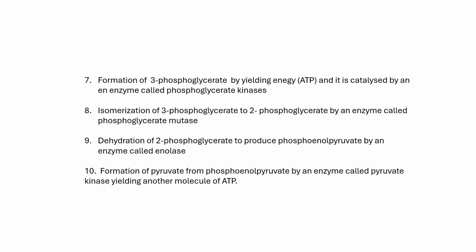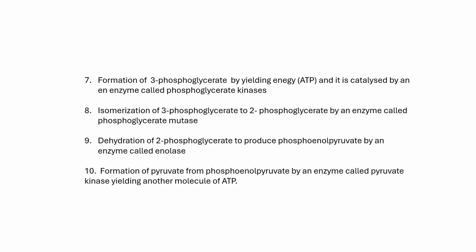How do we produce the ATP? One phosphate group from the 1,3-bisphosphoglycerate is added to ADP to form one molecule of ATP, and in this process we are just using one molecule of glyceraldehyde 3-phosphate.